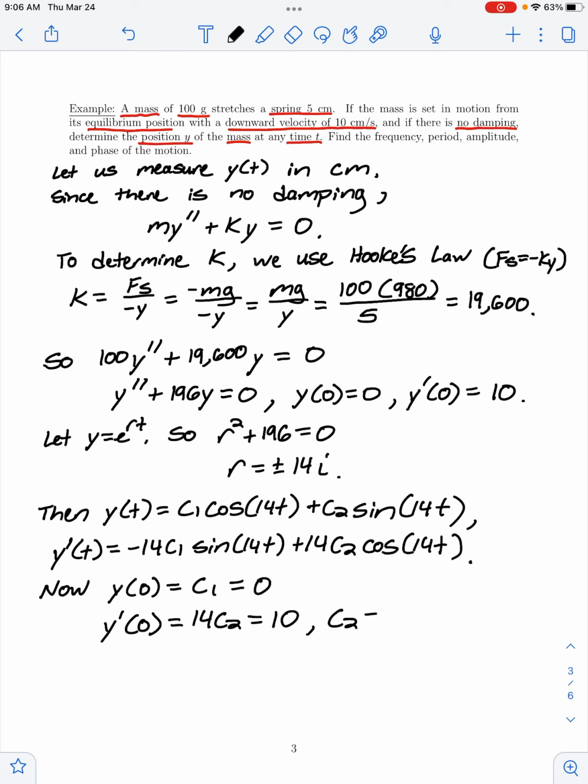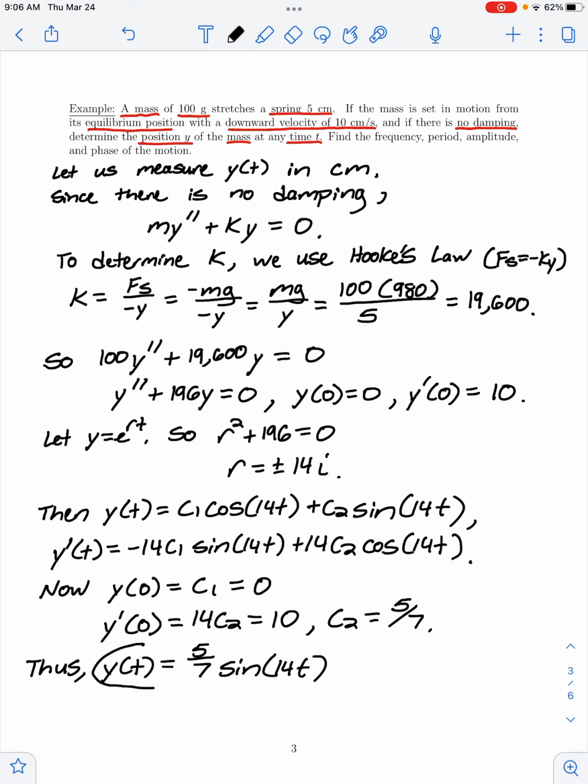So that gives us C2 is 10 over 14, or 5/7. So we find that the solution of this initial value problem, y of t, is given by C1, which was 0, cosine 14t, plus C2, which was 5/7, sine of 14t, where we were measuring in centimeters.